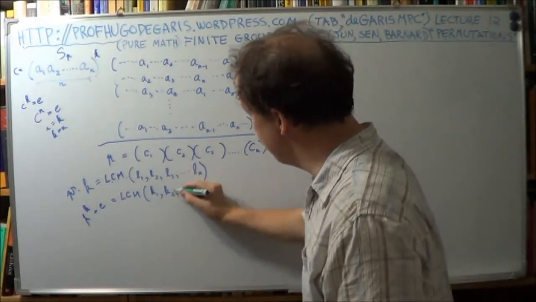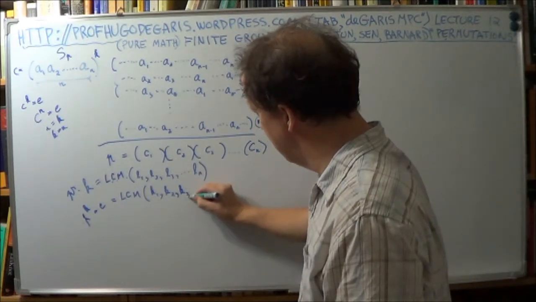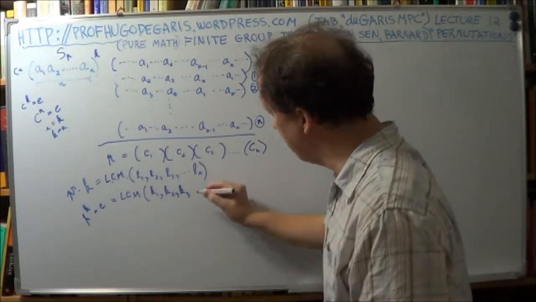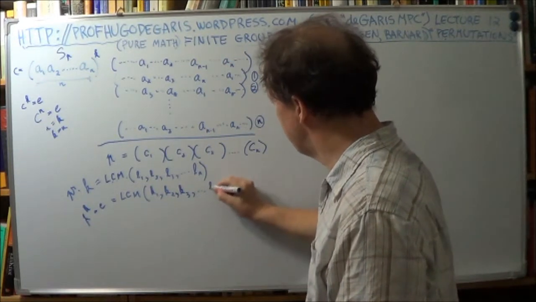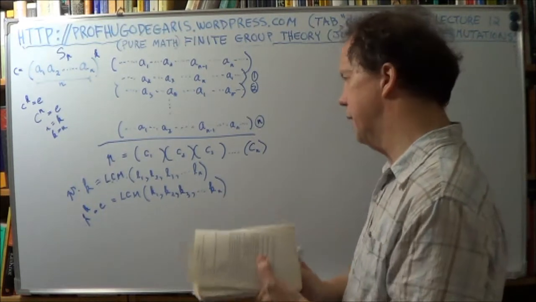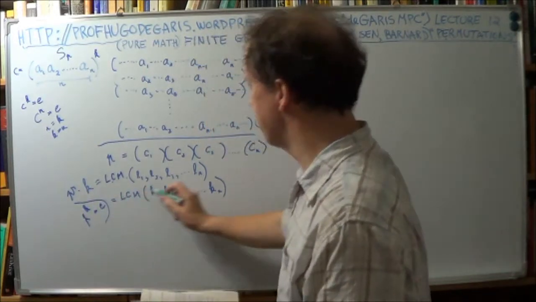So just rewrite these lengths as orders of the permutation, but it's a special kind of permutation. It's a cycle. Dot dot dot, Kn. All right. Now, this is what we have to show.